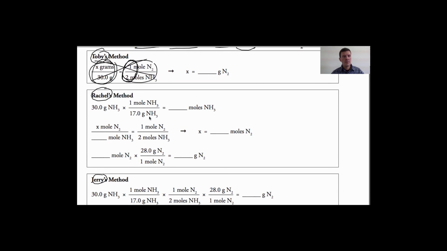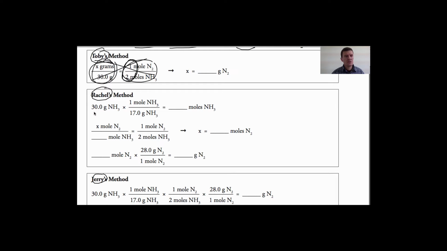All right. Rachel took our 30 grams and she is going to divide by 17. Great. That gives her the moles of ammonia. Then she's using her mole ratio. She knows that nitrogen and ammonia react in a 1 to 2 ratio. She's setting up another proportion, which basically is what we did.